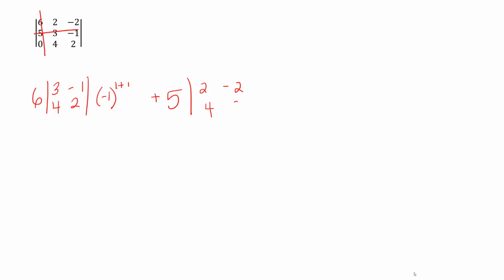And the third determinant we have, we'll use the first column, and we'll do 6 times the minor, times -1 to the 1 plus 1, and then we will do the 5. 5 times 2, -2, 4, 2, and -1 to the row plus column, and that's all we have because there's a 0 last.